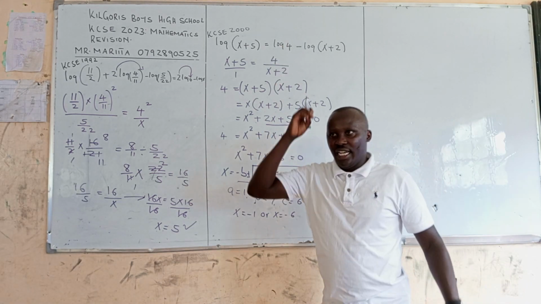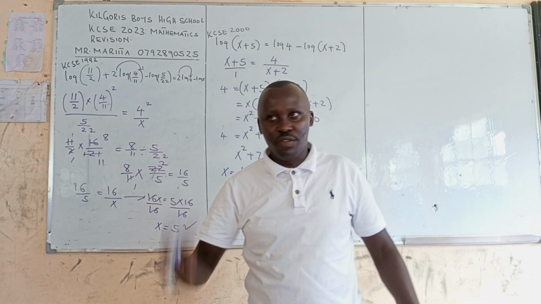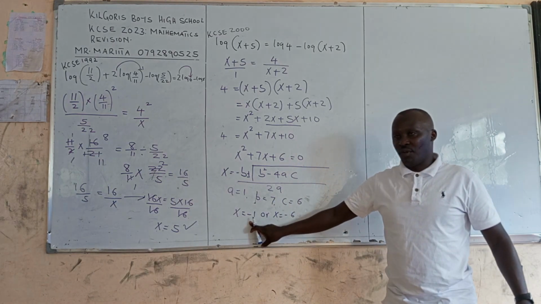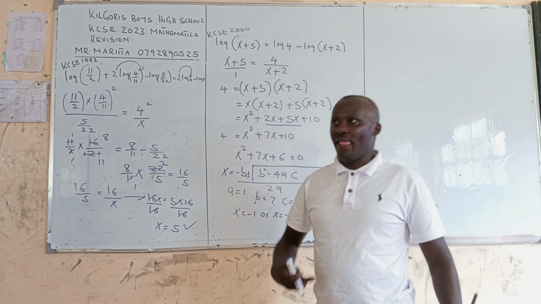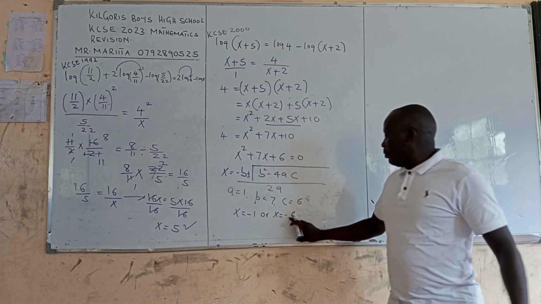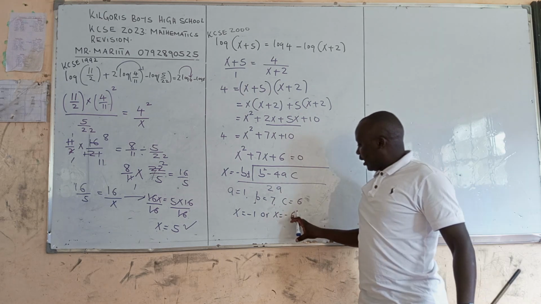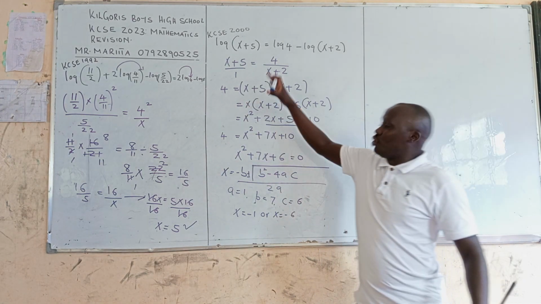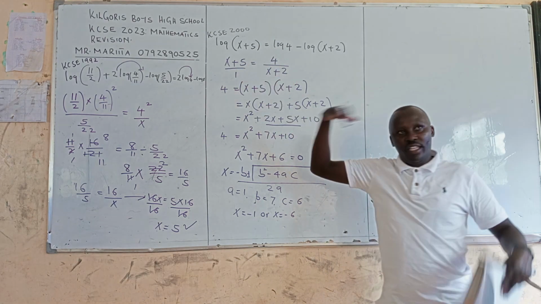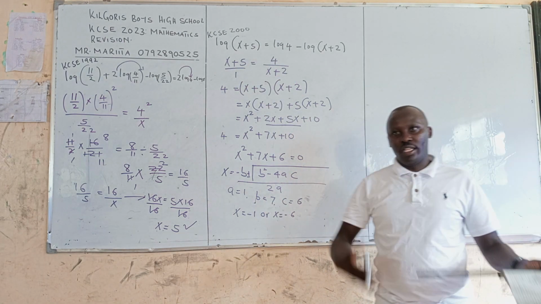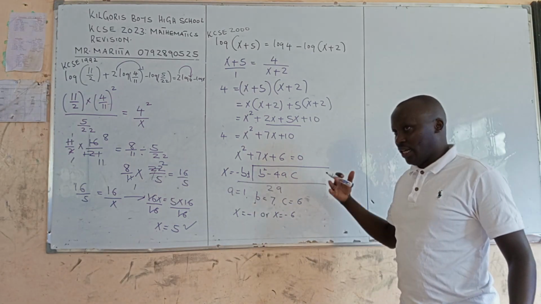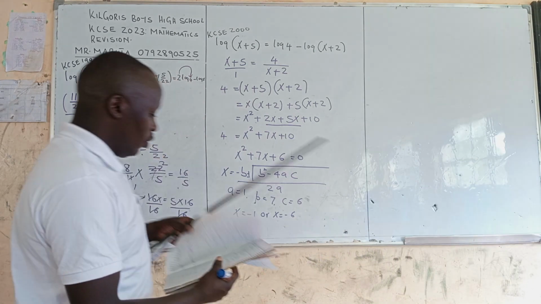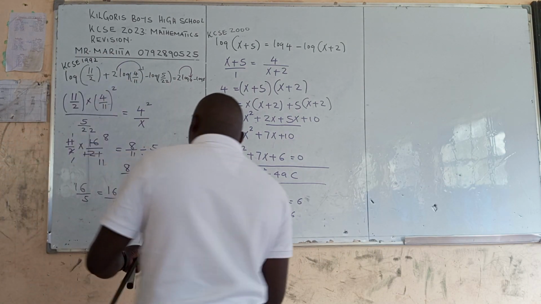If the right hand side is equivalent to the left hand side, then negative 1 qualifies to satisfy the equation. Where there is x, you also put negative 6. If the right hand side is equivalent to the left hand side, then negative 6 will qualify to be the value of x.